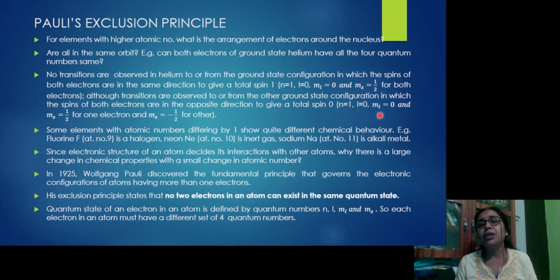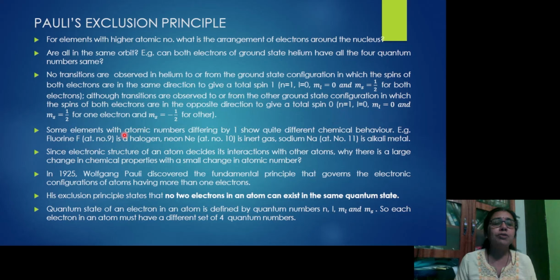The remaining 3 quantum numbers are the same for the second electron. So, transitions were observed to and from this ground state configuration in case of helium.